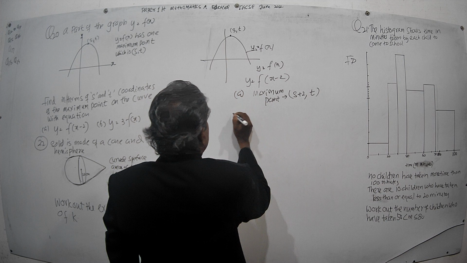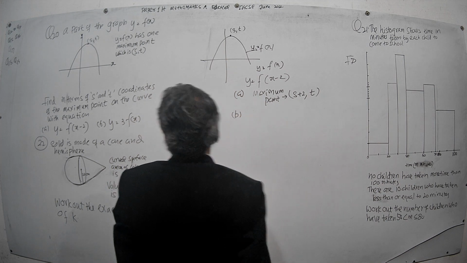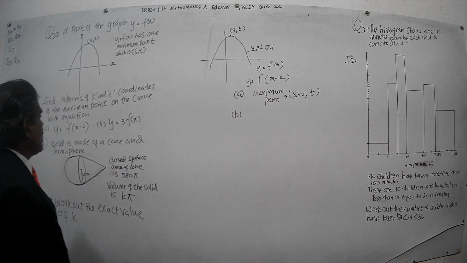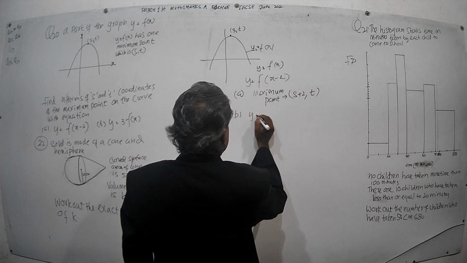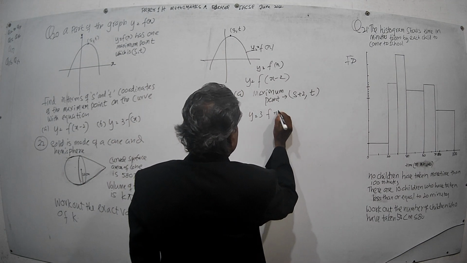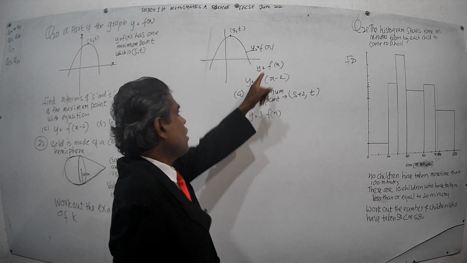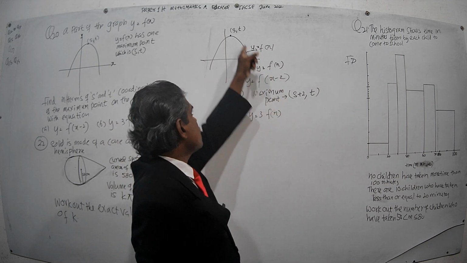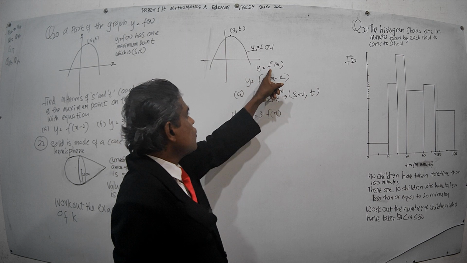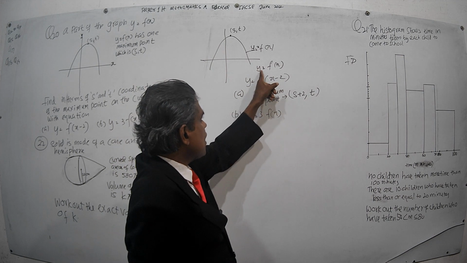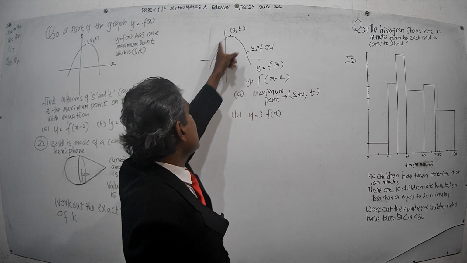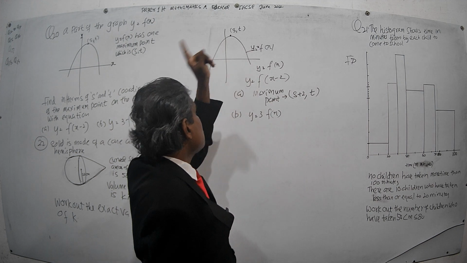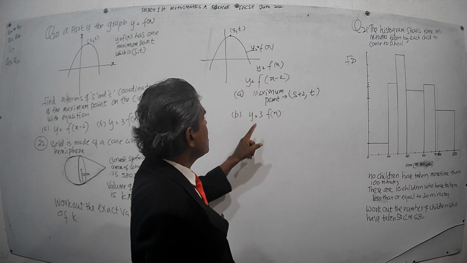In part B they say y equals 3f(x). Here f(x) means the equation of this graph, the y value. That y value is multiplied by 3. Then every y coordinate of this graph should be multiplied by 3 to become the graph of this one.